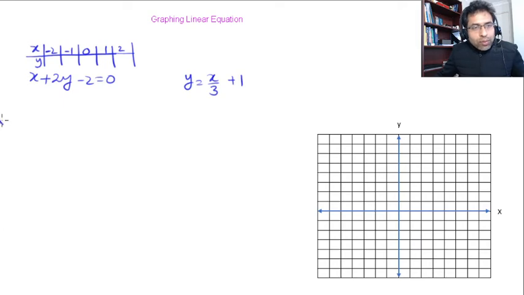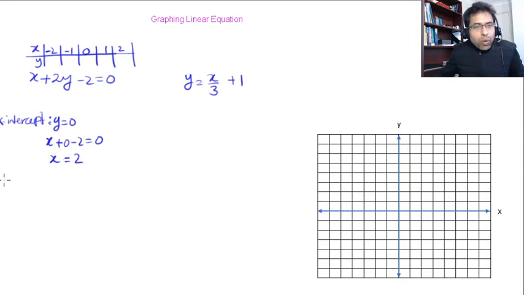When we are talking about the x-intercept, the line is touching the x-axis, so there is no y, so y will be 0. If y is 0, for the first equation what will be x? We just need to substitute y equal to 0 into the equation. Then it will be x plus 0 minus 2 equal to 0, where you can just say x equal to 2.